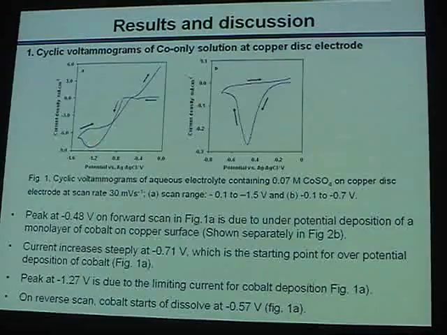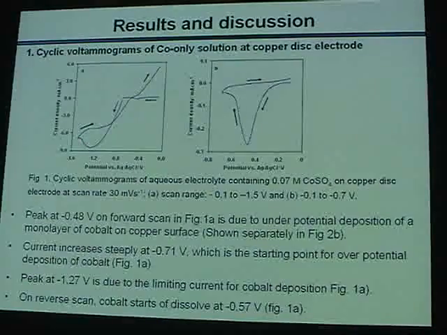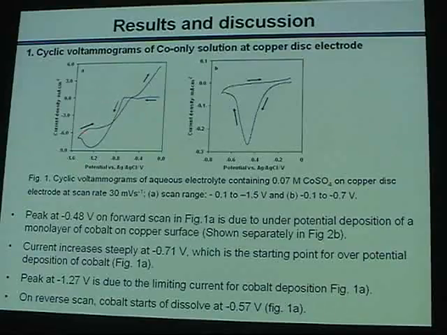With further increase of potential, the current decreases, and eventually hydrogen evolution from the bulk solution starts. On reverse, at this point, the dissolution of cobalt from the electrode starts.